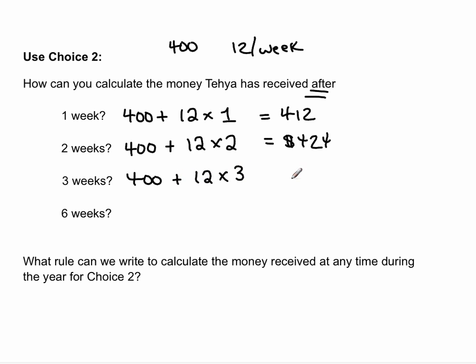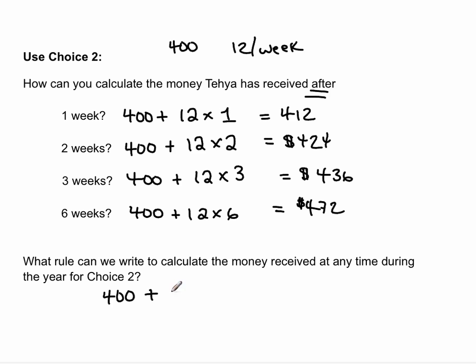And week three, I'm going to say 400 plus 12 times how many weeks? So we're in week 3. And after 6 weeks, 12 times 6, and I believe we get 472. Okay. So really all I'm doing is I'm taking $400 and I'm adding 12 times the number of weeks.